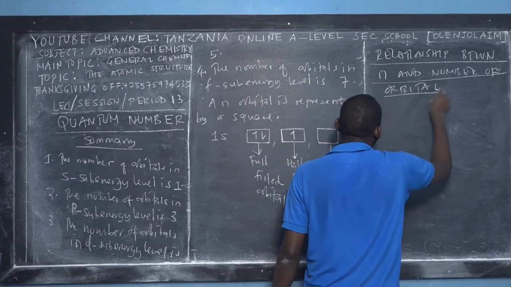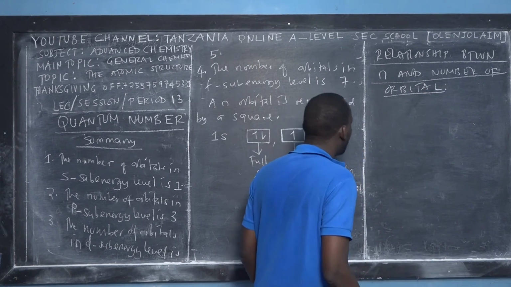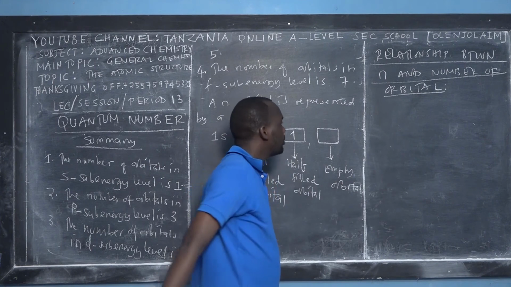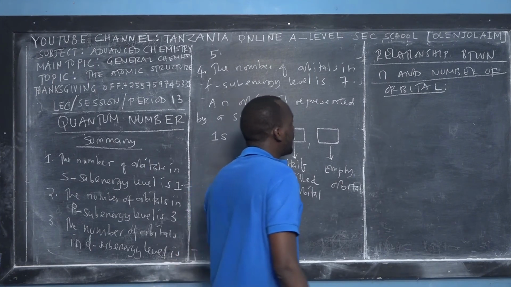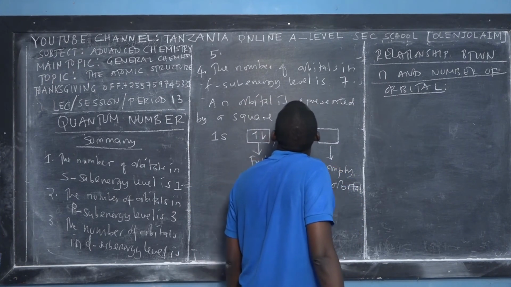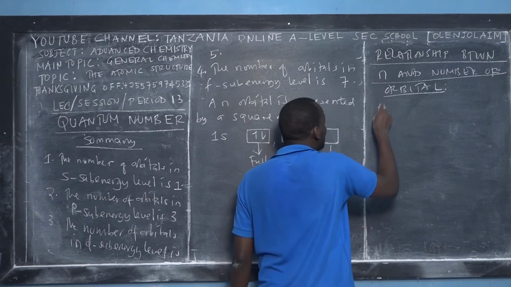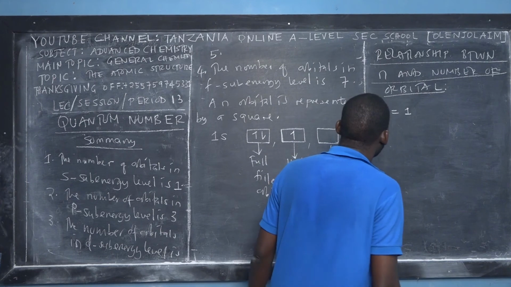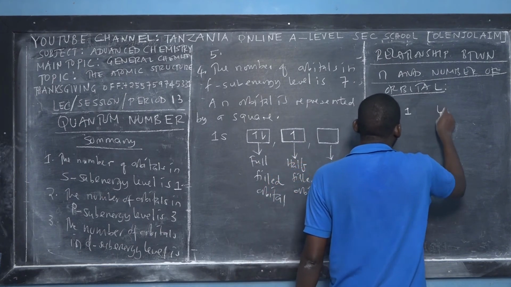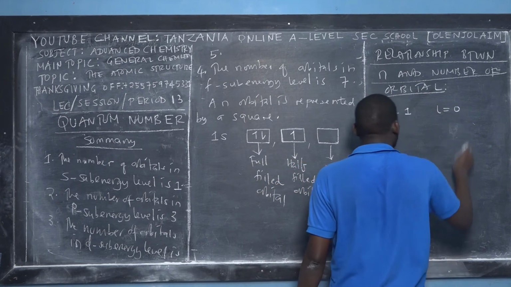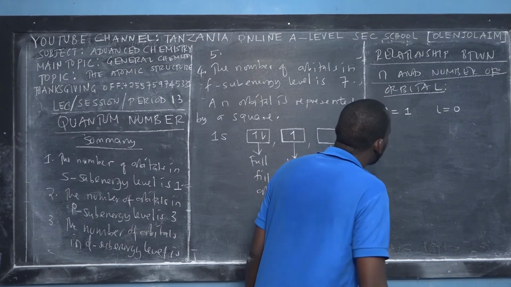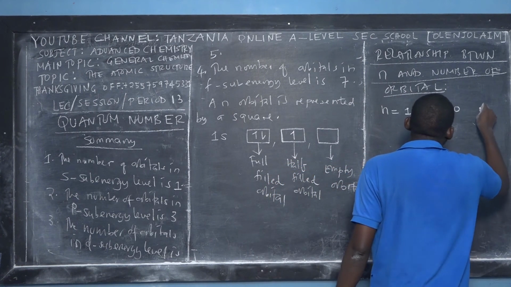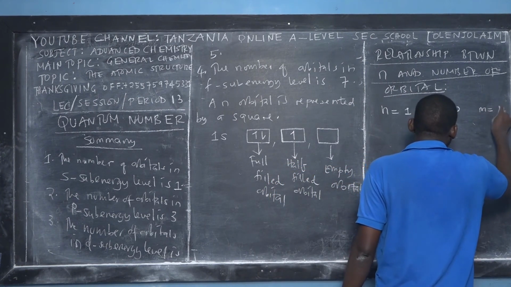What does this sentence mean? The primary or the fundamental or the ground principal quantum number is n is equal to 1. Right? n is equal to 1. The subsidiary quantum number will be 0. And then its magnetic quantum number will be 1.